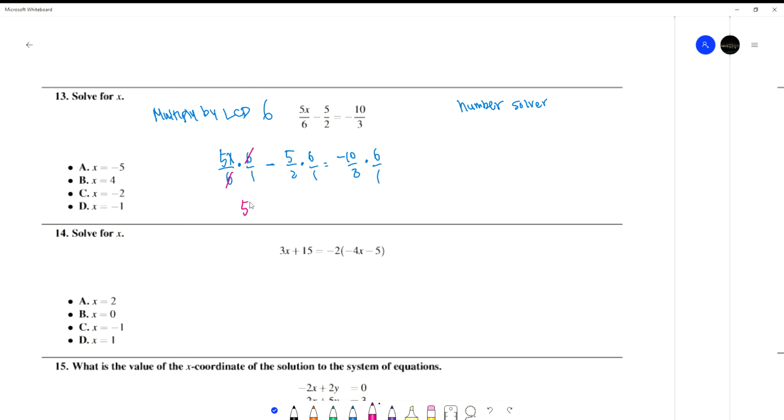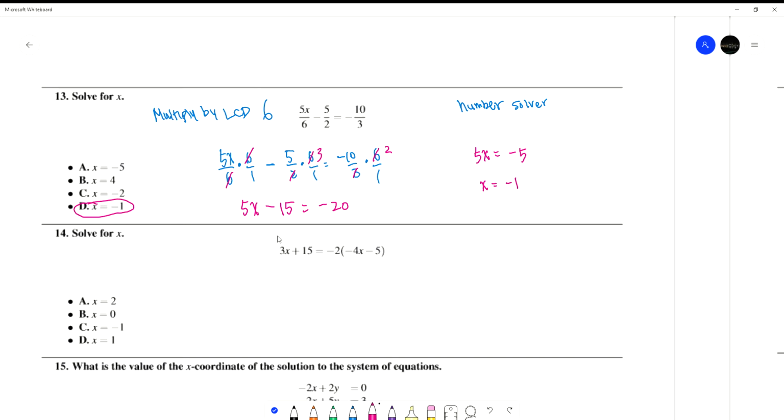We have 5x. 2 goes into 6 3 times, so it's 5 times 3 is 15, so minus 15. 3 goes into 6 2 times, so this is negative 10 times 2 is negative 20. Then you add 15 to both sides, so we have 5x is equal to negative 5. Divide by 5 and you get negative 1. So that's D.